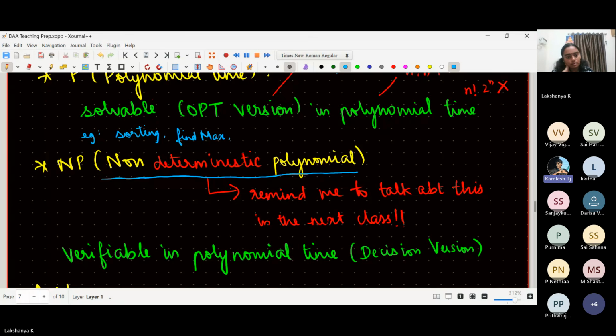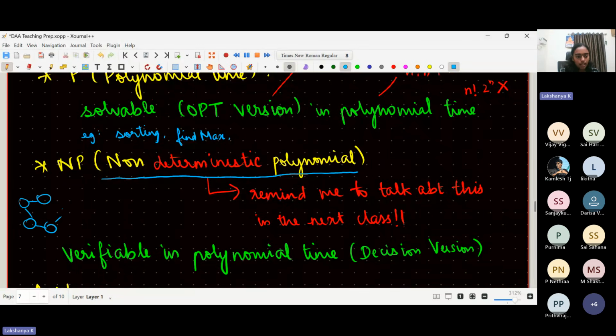Actually, I didn't completely study traveling salesman. No, that's fine. You know the TSP problem definition? Tell me the problem definition, roughly, it doesn't have to be mathematical, just whatever you know about TSP. You have a bunch of cities connected, and there are some weights, right?